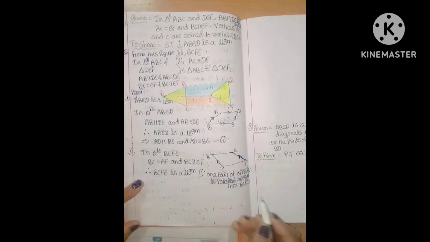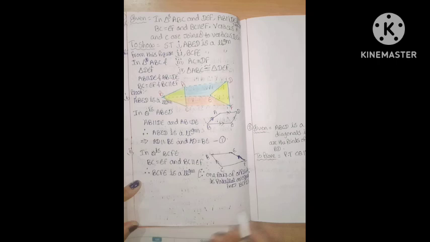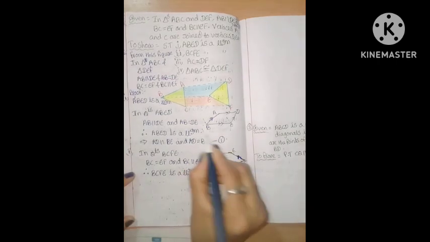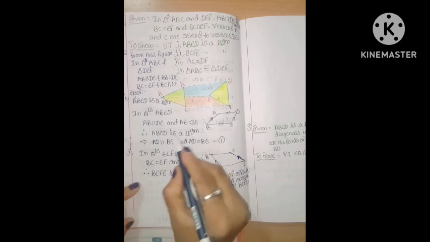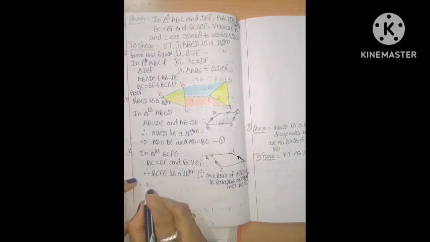Are you clear? This is also the same. This is also one pair of opposite sides parallel or equal. So ABED is a parallelogram only.